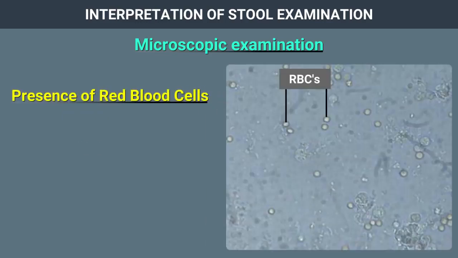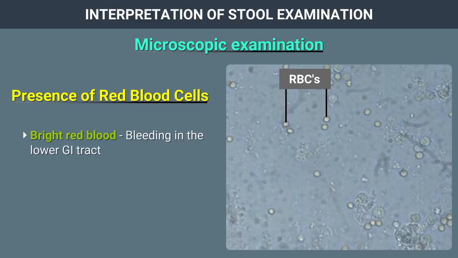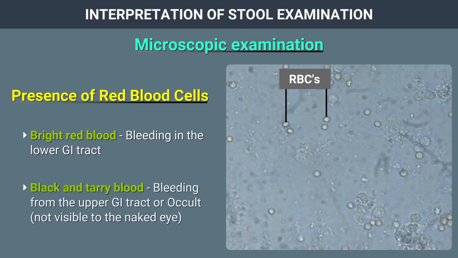Presence of red blood cells in the stool. Blood in stool can be bright red from bleeding in the lower gastrointestinal tract, or black and tarry from bleeding from the upper gastrointestinal tract, or occult, which is not visible to naked eye.